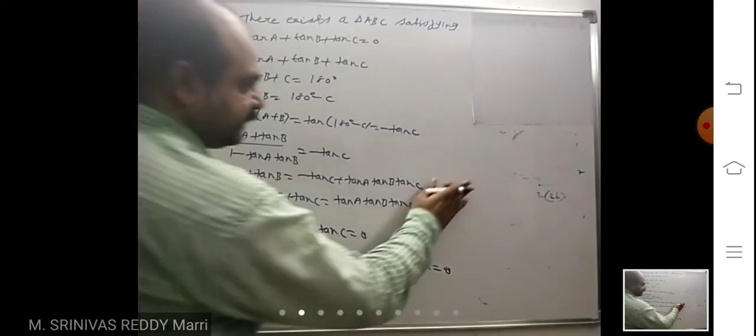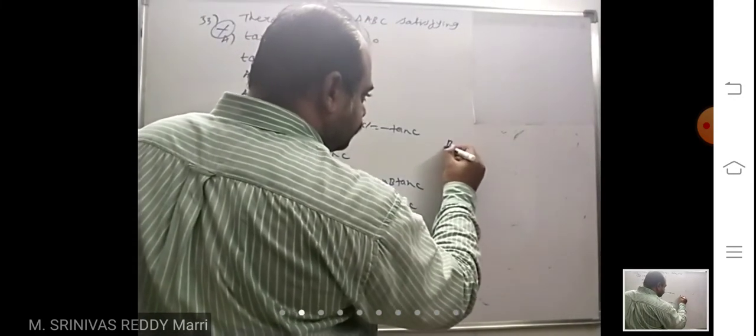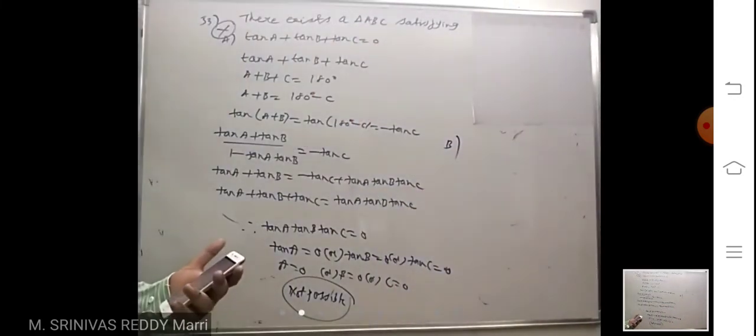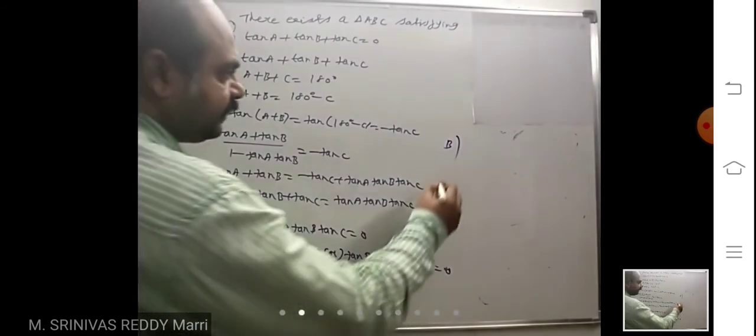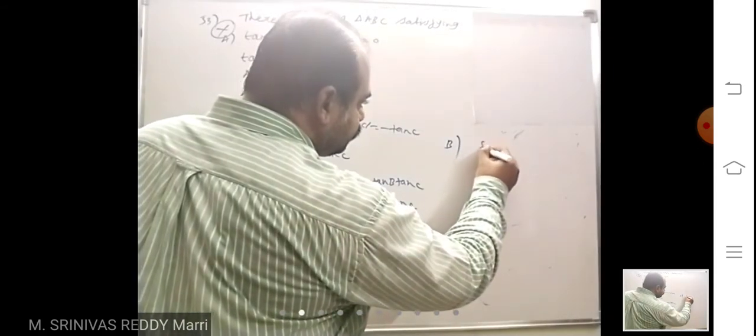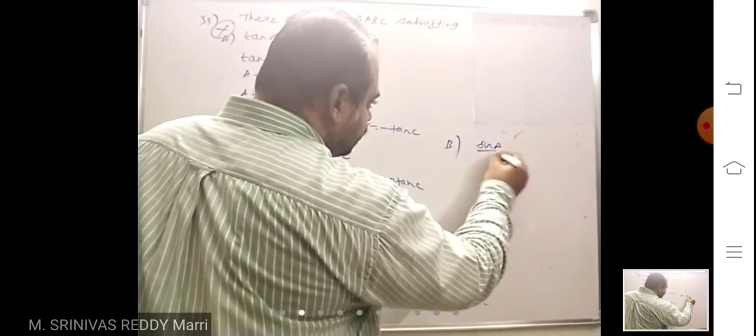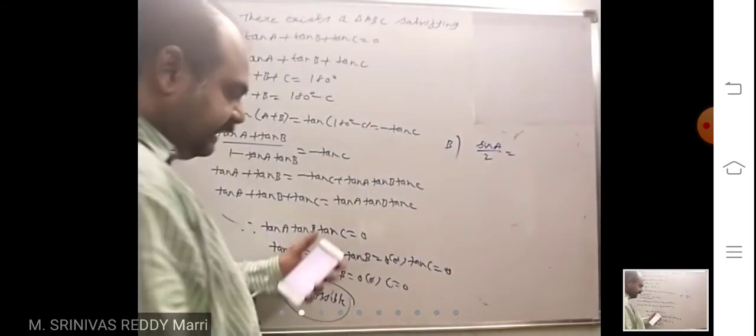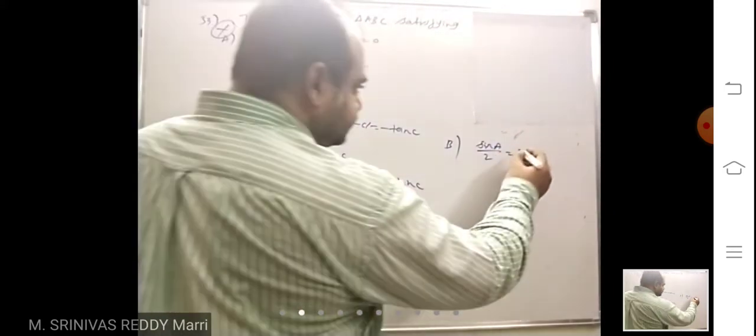Now look at option B. In the triangle, sin A by 2, sin B by 3, sin C by 7 are given like this.